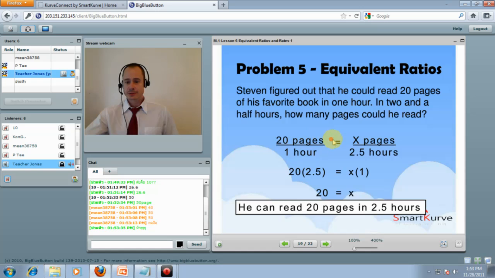That is the first ratio, and then you have x pages divided by 2.5 hours, and then the cross product means, of course, 20 times 2.5, and that is not what it says here. This is wrong. I don't know why they did it wrong here. It should be 50.